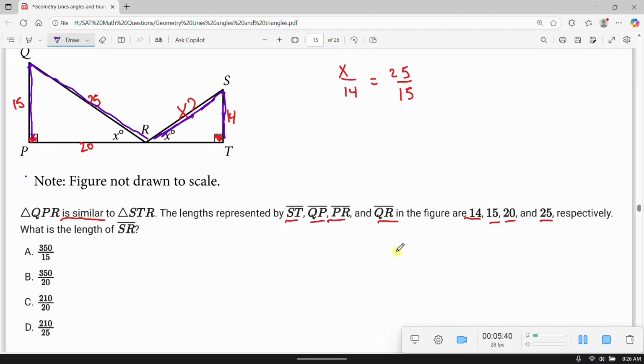All right, so now you want to cross multiply. So that would be 14 times 25 divided by 15. That's going to give me 350 over 15. So the answer is A.